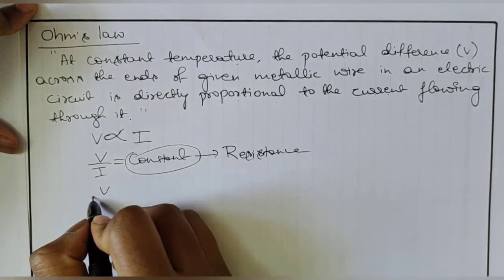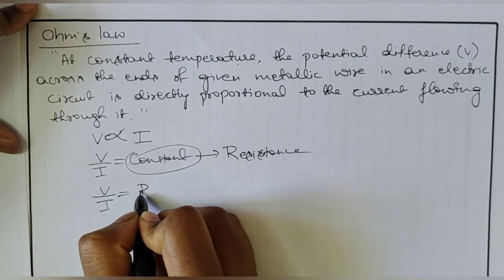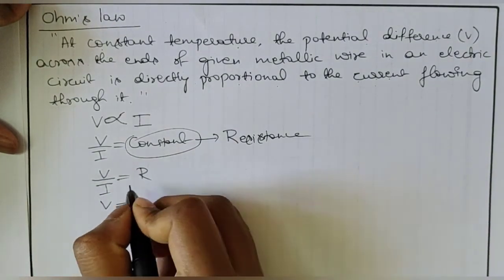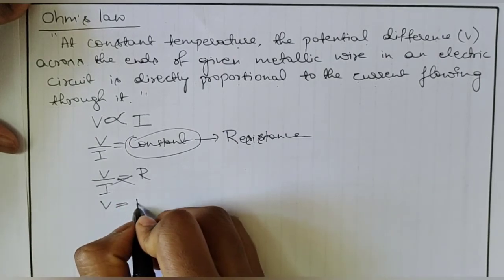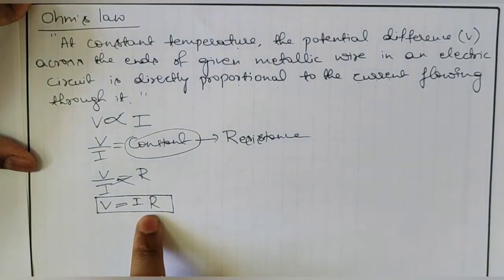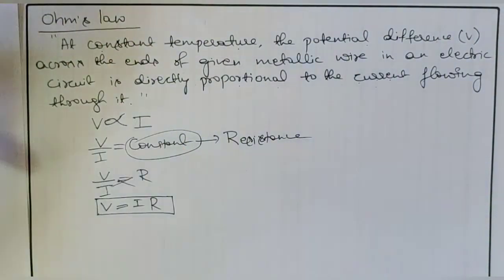Now V divided by I is equal to R. A simple cross multiplication, I can write it as V equals IR. Now listen, this is the mathematical expression for Ohm's law.